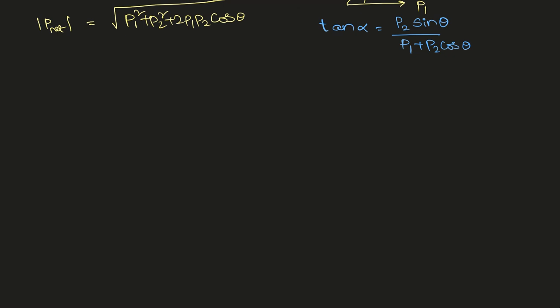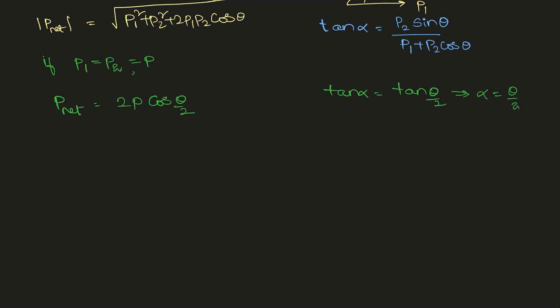If P1 is equal to P2, let it be P, then P net will be equal to 2P cos theta by 2, and tan alpha will be equal to tan theta by 2. That implies alpha is equal to theta by 2.